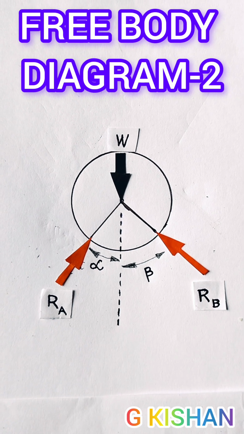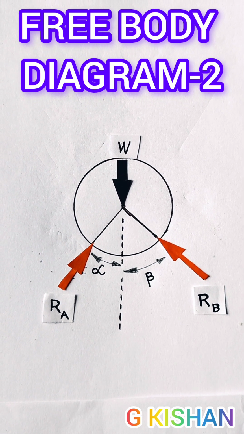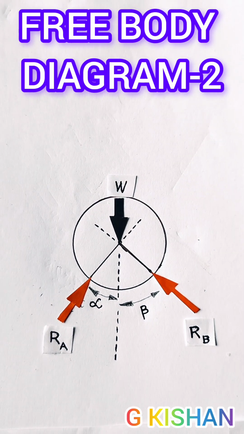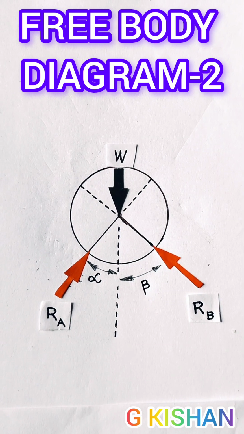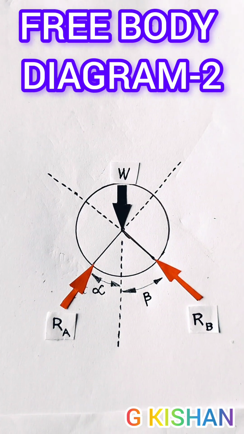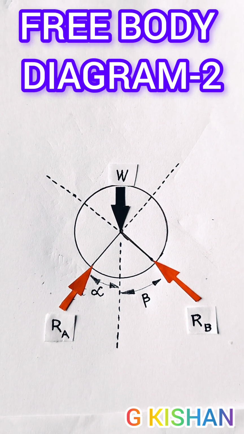When you draw the line of action of the RA force and the RB force, we can get exactly how it looks in this fashion.